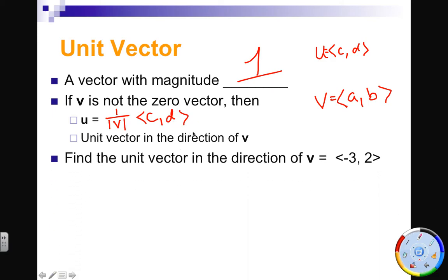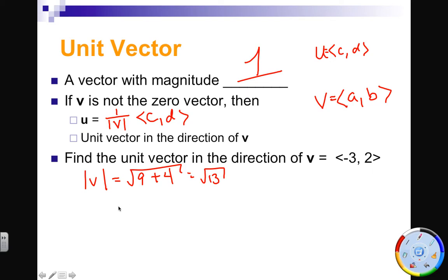So let's look at this as an example. If I said my vector v is -3, 2, and I wanted to find the unit vector in that same direction. First of all, I've got to find the magnitude of v. Well, that's nice and simple, square root of 9 plus 4, so 3 squared plus 2 squared, is radical 13.